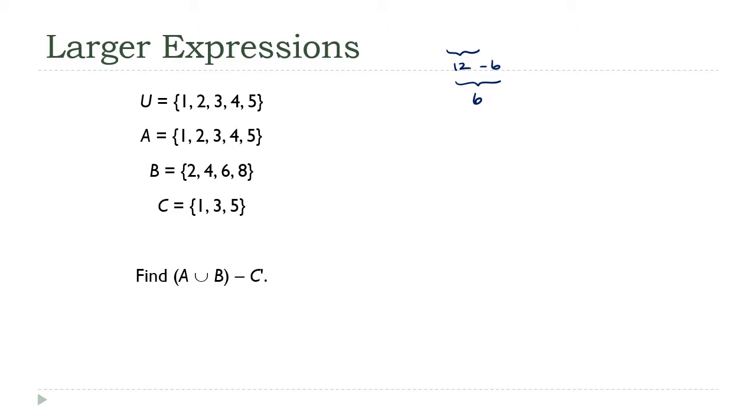I'm going to do the exact same thing with my sets. First, I'm going to figure out the union of A and B. That is the set 1, 2, 3, 4, 5, plus 6 and 8: 1, 2, 3, 4, 5, 6, and 8.